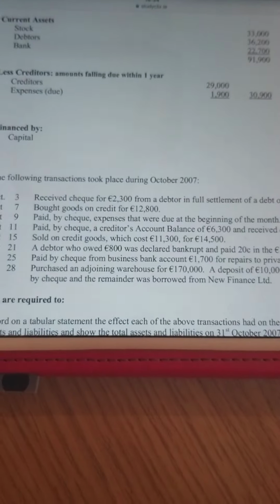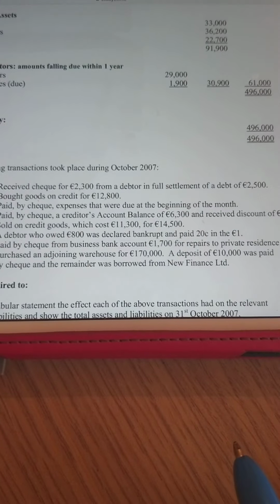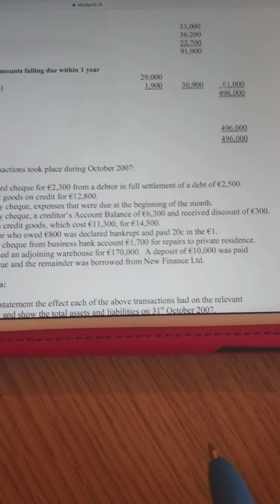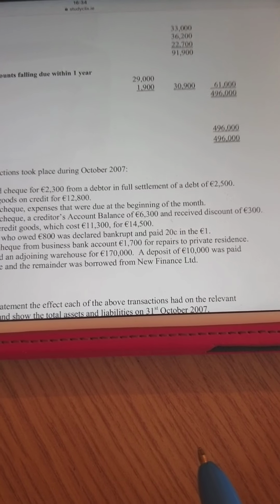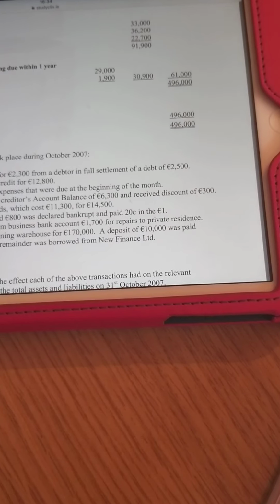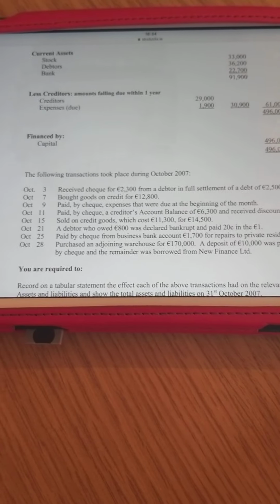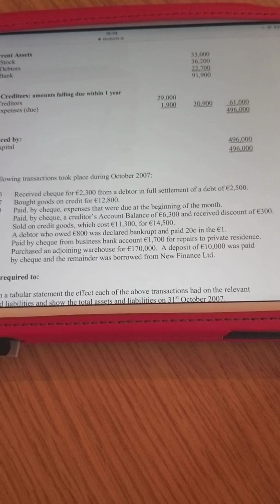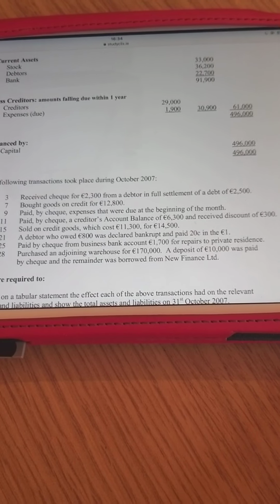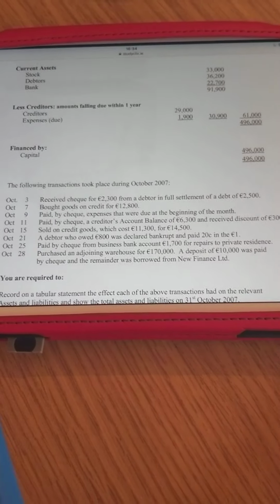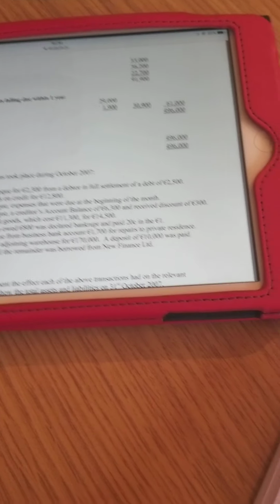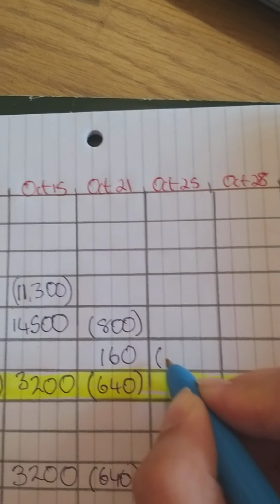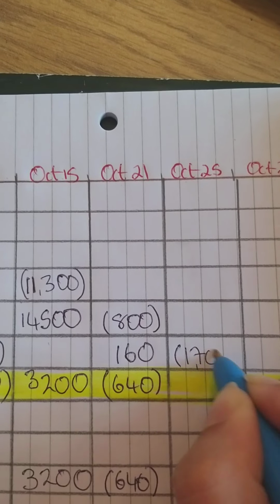Okay, the next on October 25th, paid by cheque from business bank account 1,700 for repairs to private residence. So we know private residence, we're talking about drawings. Okay, anytime the business owner takes out money to use for personal use, it's drawings. So it was 1,700. So your bank is going to be reduced by 1,700.